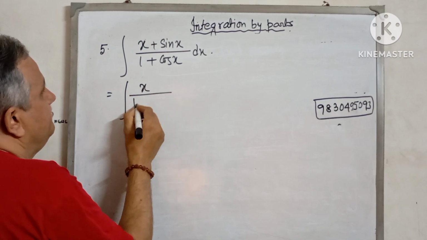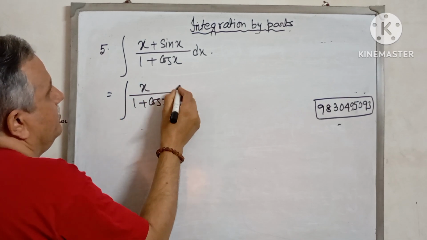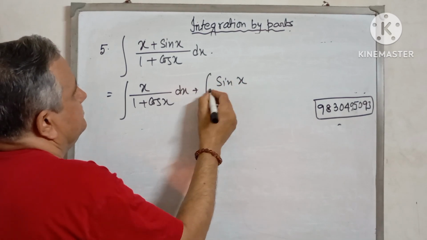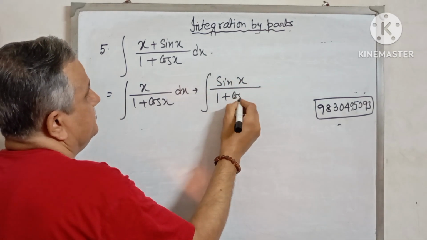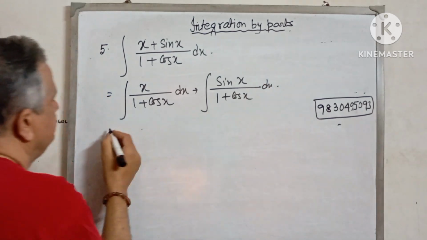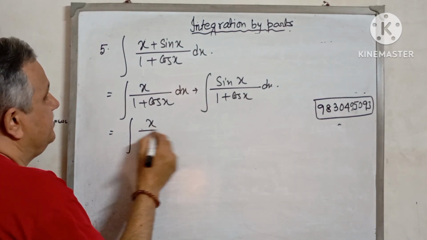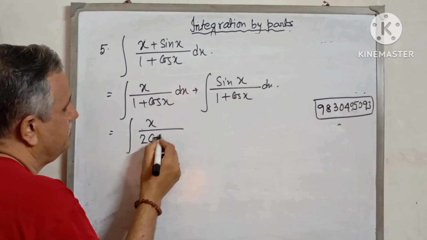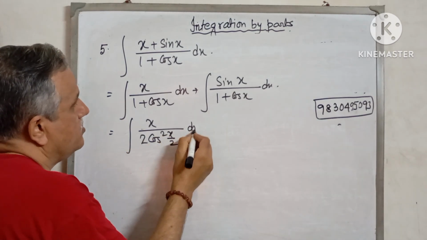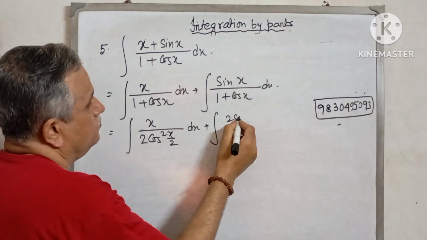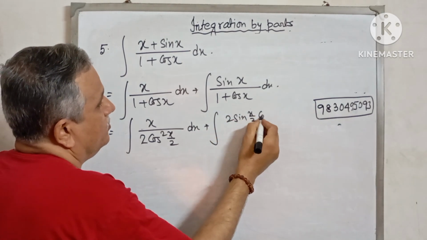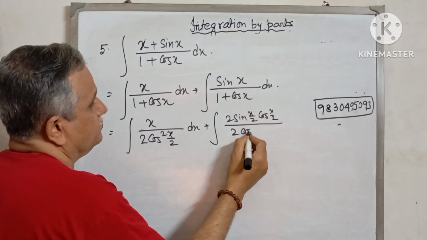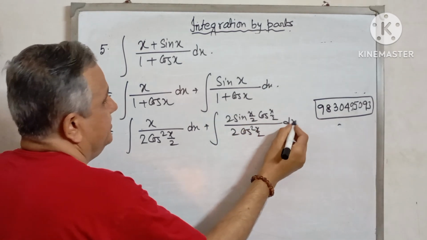Now firstly we separate this: x by 1 plus cos x dx plus sin x by 1 plus cos x dx. Now using some multiple angle formula, 1 plus cos x is 2 cos square x by 2 and sin x is 2 sin x by 2 cos x by 2, and 1 plus cos x is 2 cos square x by 2 dx.